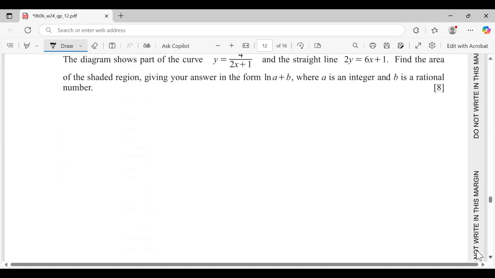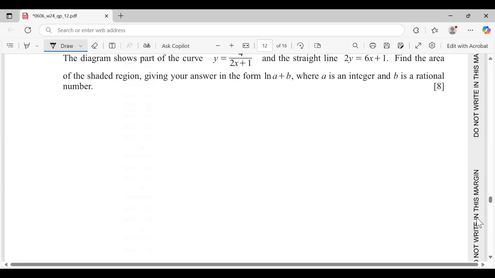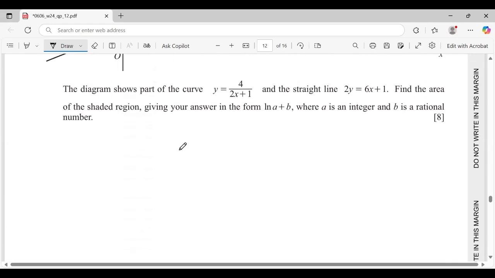Now substitute y equals 4 over 2x plus 1 into this equation. If you substitute y, it becomes 2 times 4 over 2x plus 1 equals 6x plus 1.